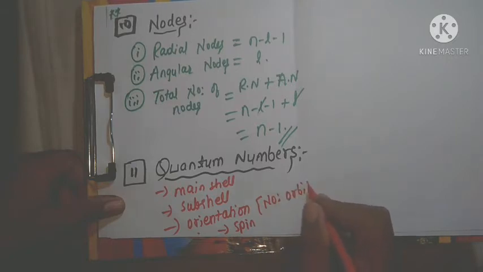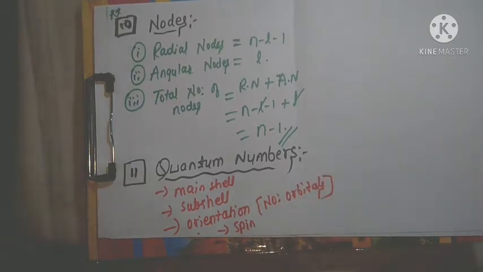Quantum numbers give information about the main shell, subshell, number of orbitals, and the spin of the electron.